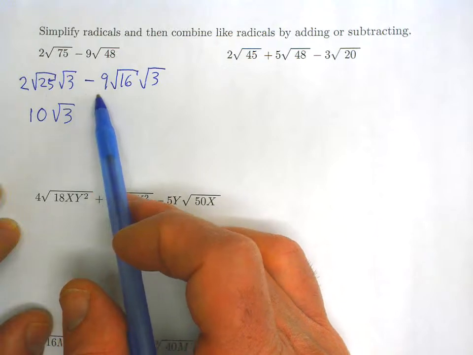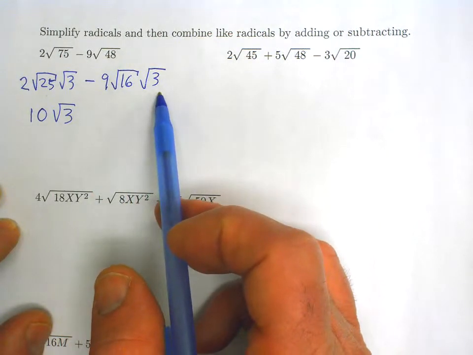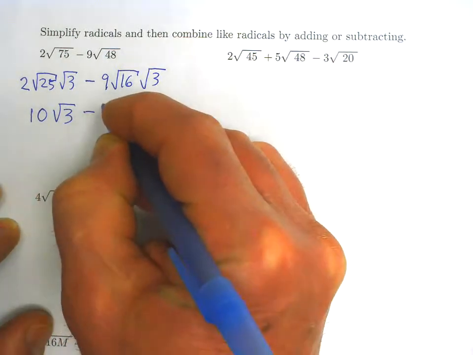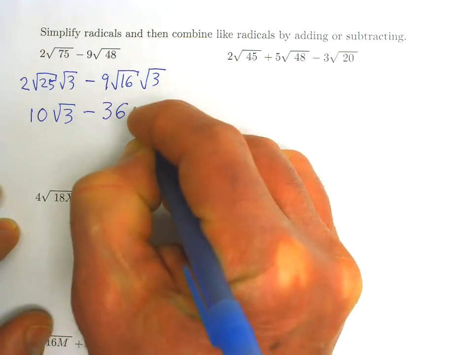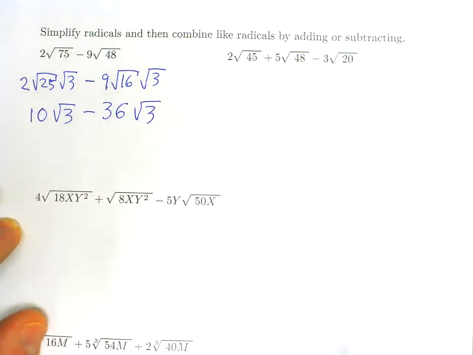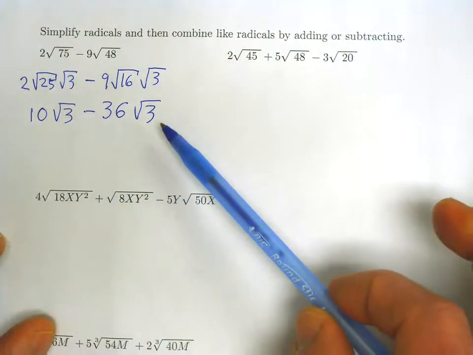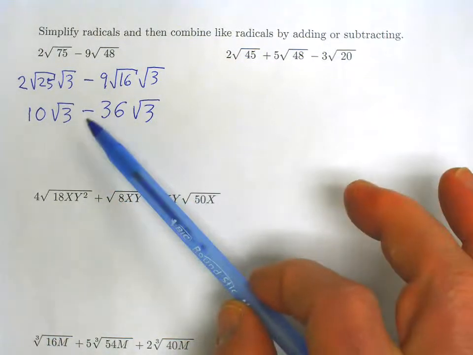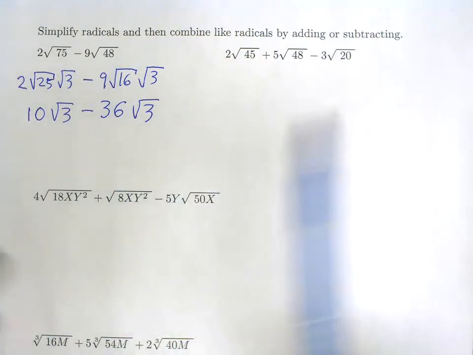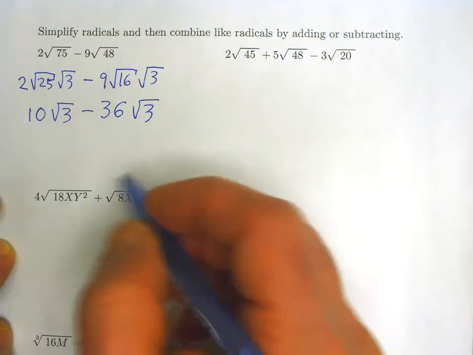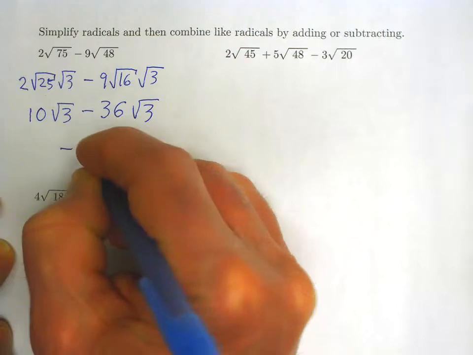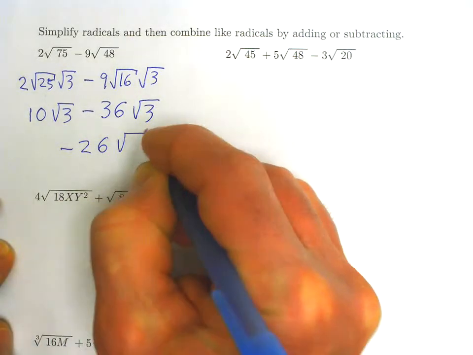And so minus 9 times 4 times the square root of 3 is just minus, well, 9 times 4 is 36. So minus 36 times the square root of 3. And the two radicals are identical, so we can combine them by subtraction. 10 times the square root of 3 minus 36 times the square root of 3 simplifies to negative 26 times the square root of 3.